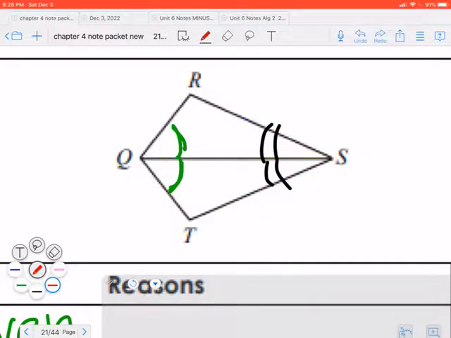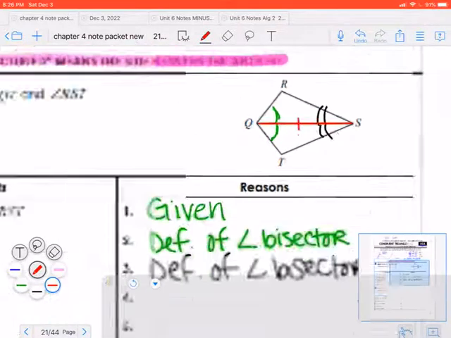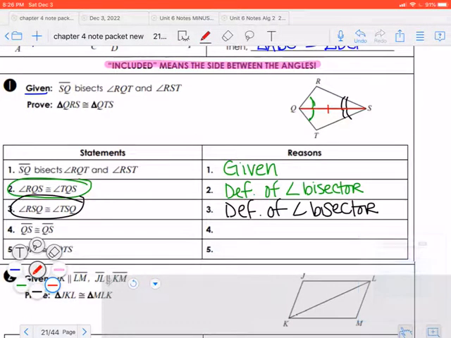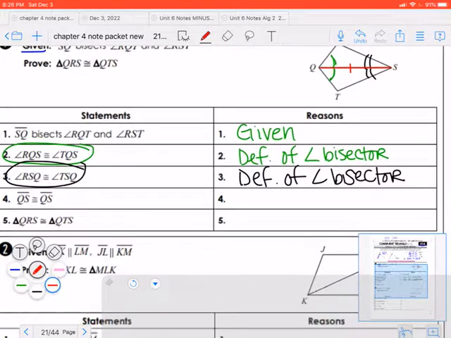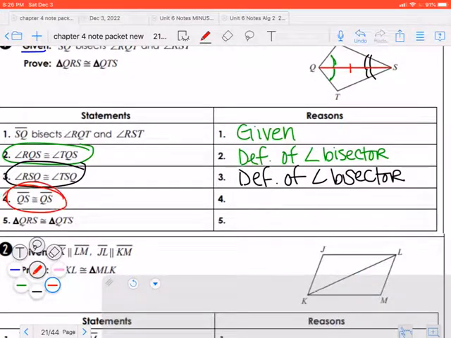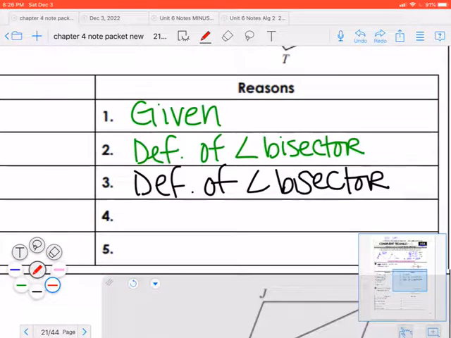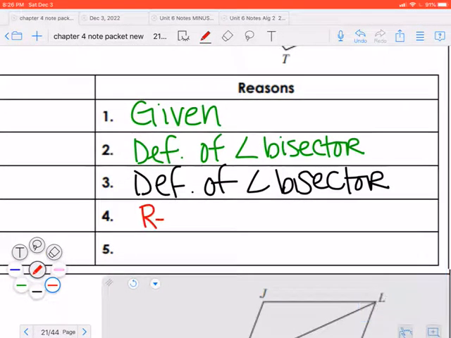Whenever you have two triangles sharing a side, in your proof you have to say that that side equals itself. It seems a little weird, but that's just what we have to do for our proofs. We have to literally say something equals itself. QS is congruent to QS. And the reason for that always is the reflexive property.